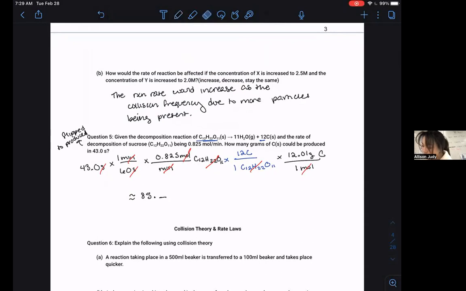It should be 85 grams of carbon to 3 sig figs, and I'm making a note of that. So that's how we can use rate of reaction in a stoichiometric process for predicting both production and use of a reactant. Really good work, you guys.